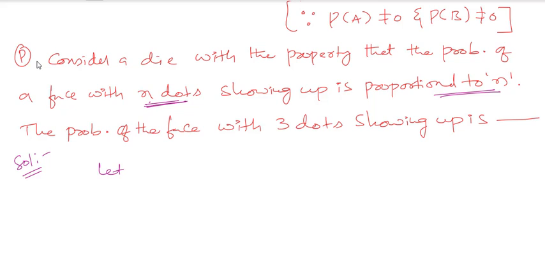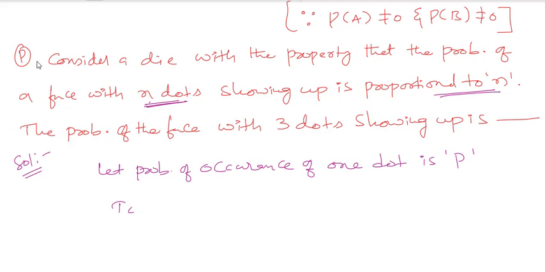So let me take this one. Let the probability of occurrence of 1 dot be p. If I write the total probability, it is equivalent to 1. For 1 dot it is 1p, for 2 dots 2p, for 3 dots 3p, next 4p, 5p, and 6p, which is equivalent to 1.